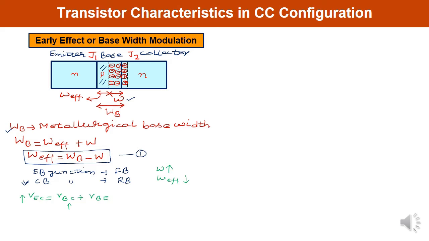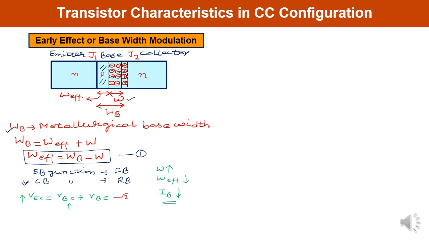W effective decrease means the region where recombination takes place will decrease. It means finally base current will decrease. Because whatever electrons are emitted from the emitter, there is very less possibility that they are going to recombine in the base region, and they will be collected by the collector terminal. It means base current will decrease.